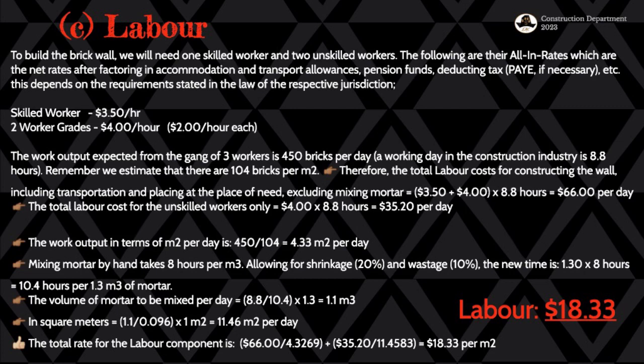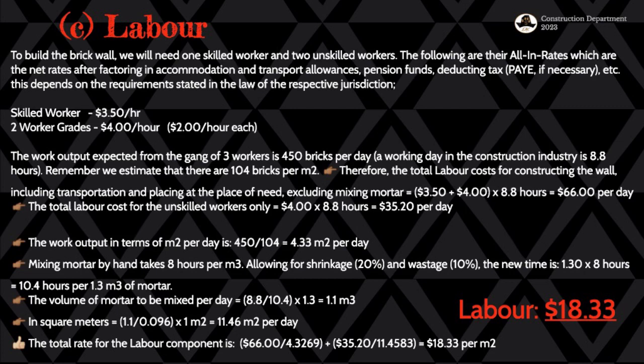We're excluding the skilled worker because he's the one supervising, and we're mainly concerned about the labor that is being put into mixing the mortar. While these people are mixing the mortar, the skilled worker will be busy building the wall, so it's already balanced there.